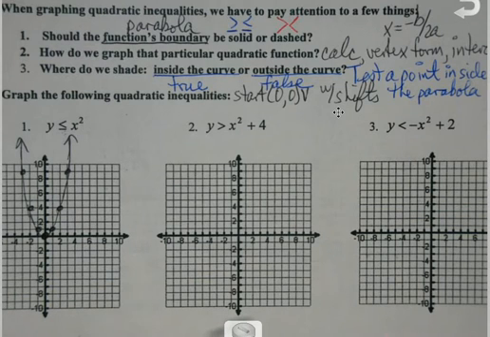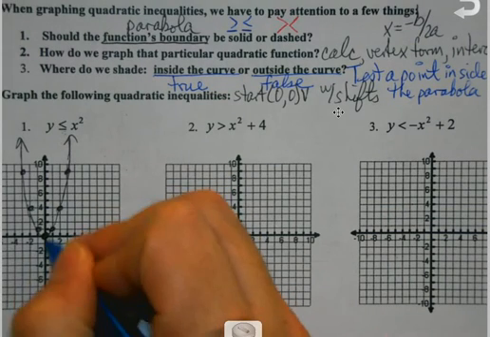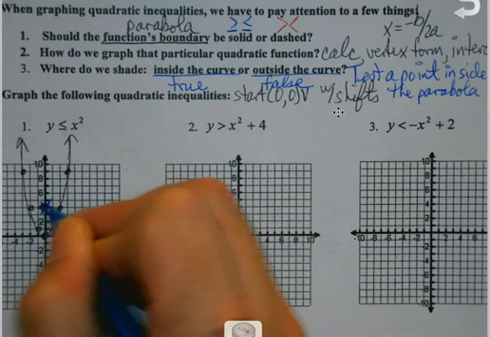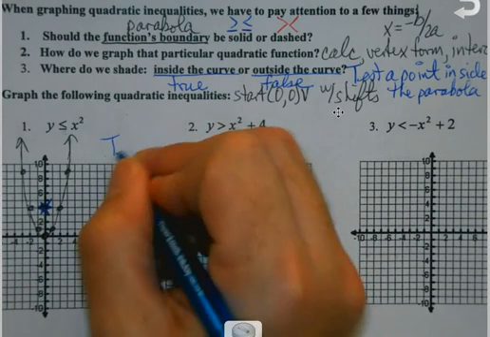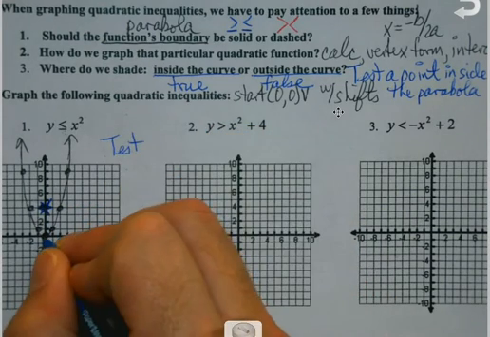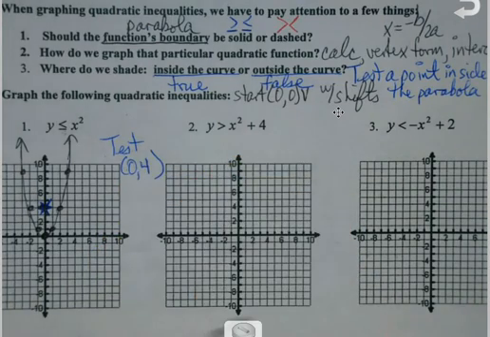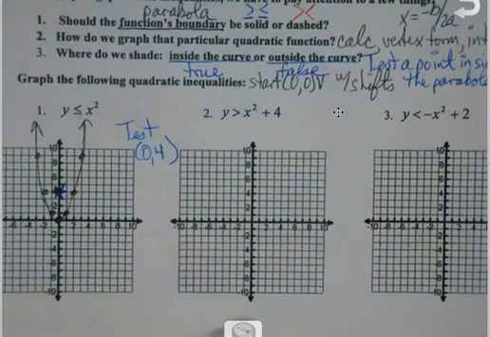And you're like, well, what point do I test? Doesn't matter as long as it's inside the parabola, not on it. Okay, so like I couldn't use 0, 0, that's on it, but let's say I try out this point. And that point looks to be 0, 4. Okay, any point inside would work though.